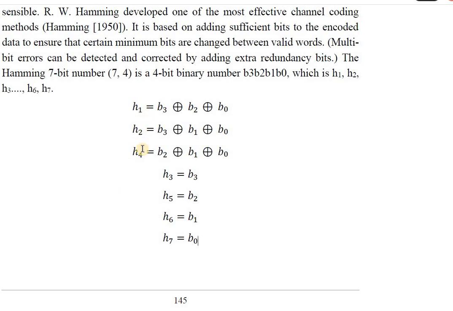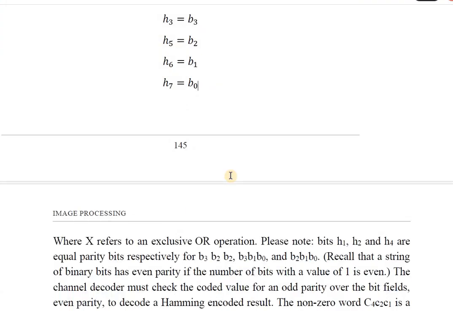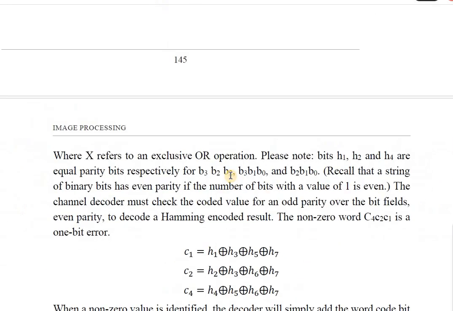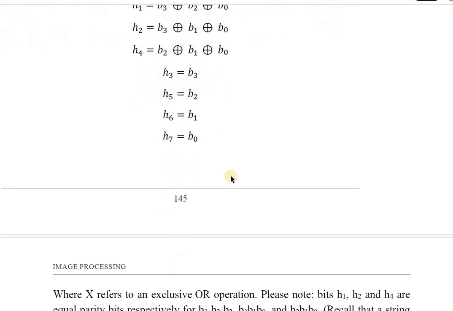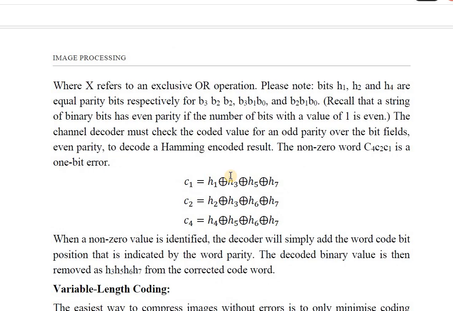What about H1, H2 and H4? They are calculated like this. The operation performed here is nothing but the exclusive OR operation. I hope everyone knows how exclusive OR is performed, so I am not explaining it here. If you don't know, you can just look it up. Just as you have AND and OR operations, similarly you have an XOR operation.